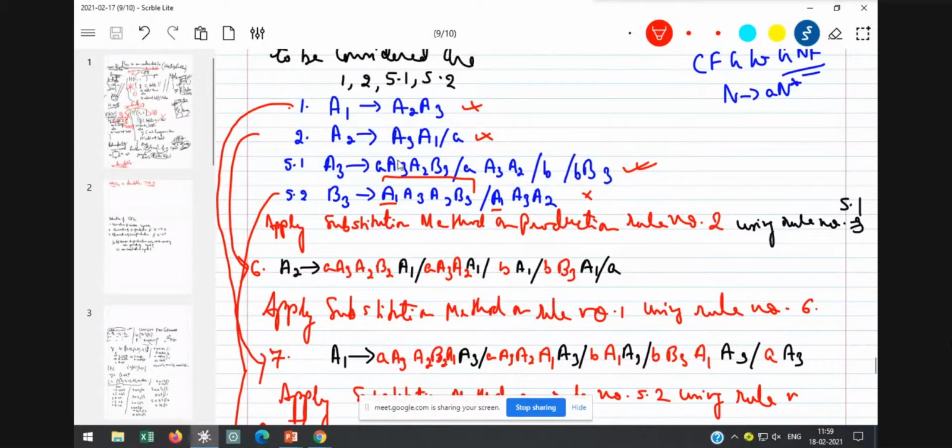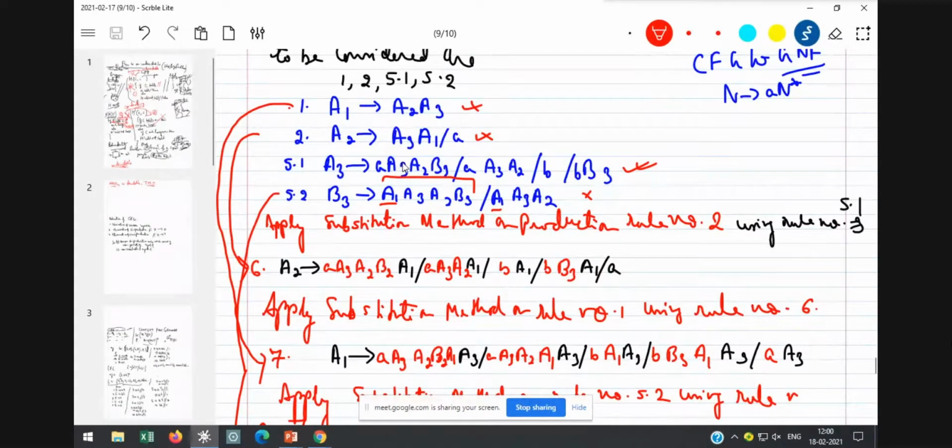Now the final target is to convert this into the format where the right side is a single terminal followed by a series of non-terminals, or else a single terminal itself. When I check production rules 1, 2, 5.1, 5.2, production rule 5.1 is in GNF form. The others are not in GNF form and need to be modified, by applying the substitution method.